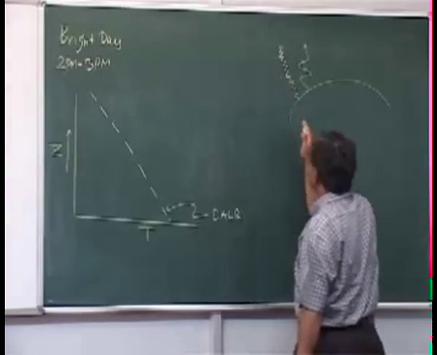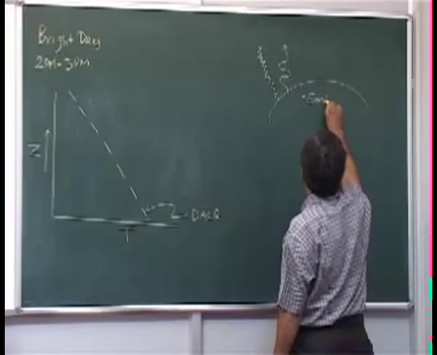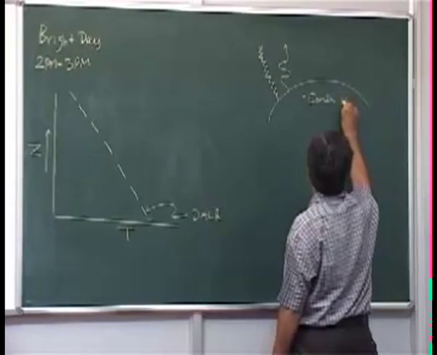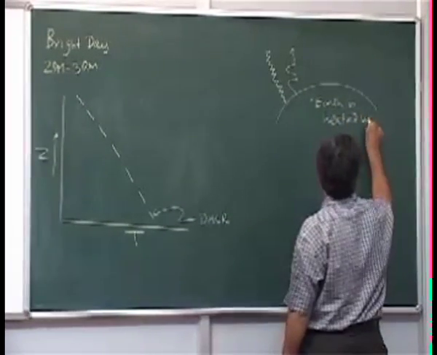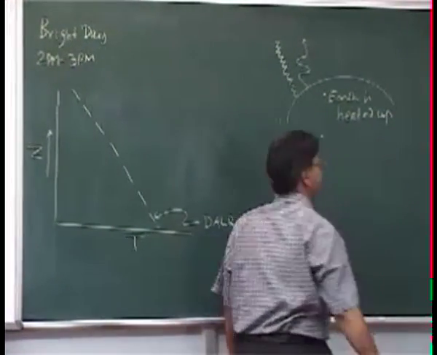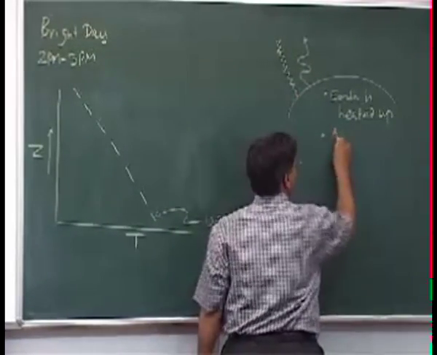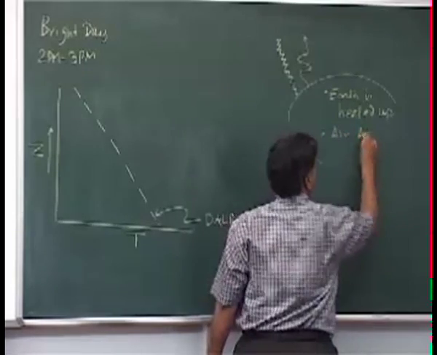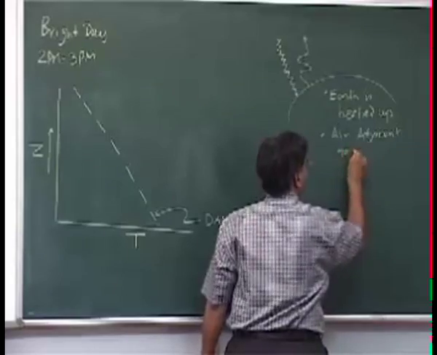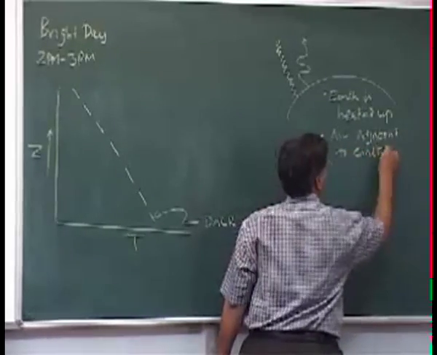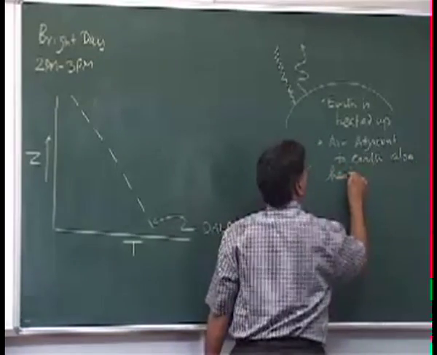Lots of heat is coming in, and the first thing that happens is the earth is heated up. The second thing that happens is the air adjacent to the earth also gets heated up.